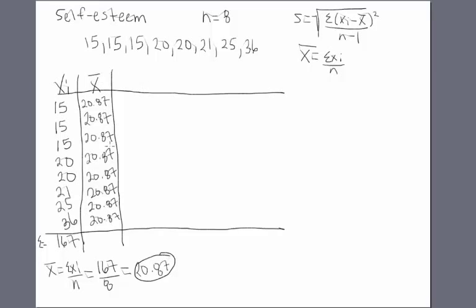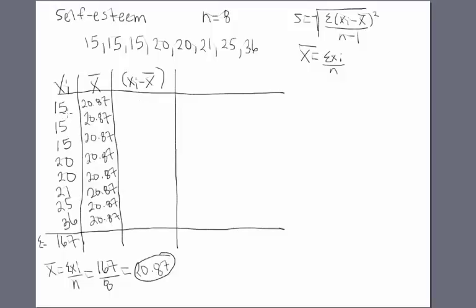Now that we have the column of all of our sample means, we'll go ahead and put in a column that'll represent the quantity x sub i minus x bar. That is, we're going to take each x sub i, subtract the sample mean, and put that value right here.